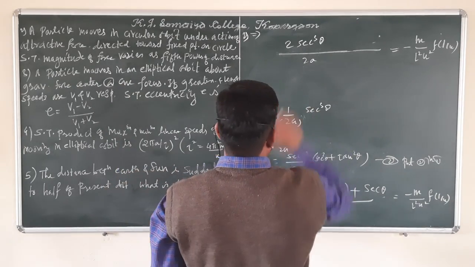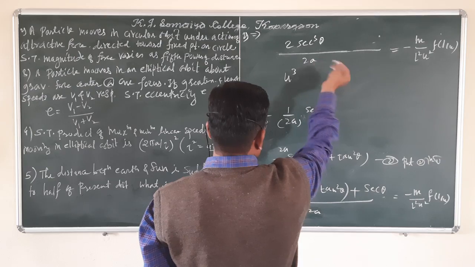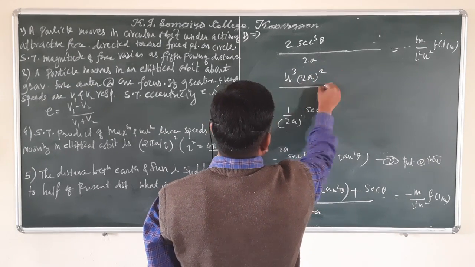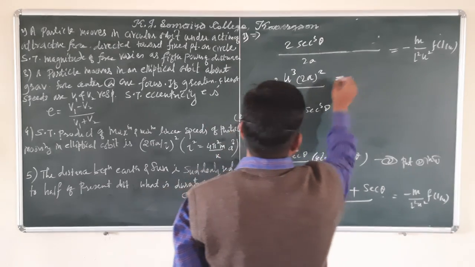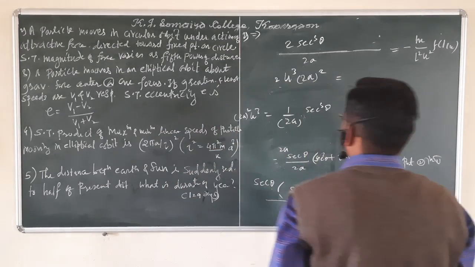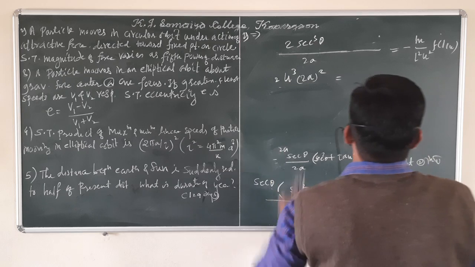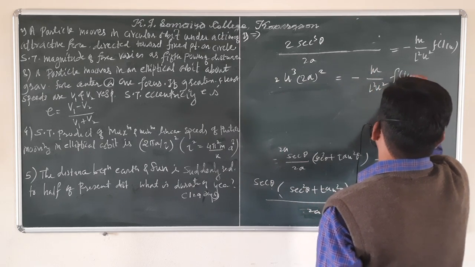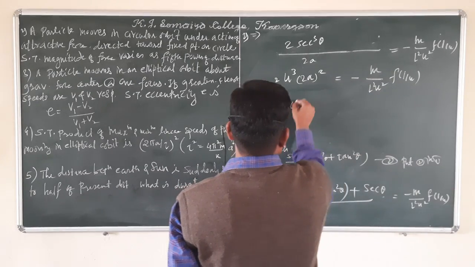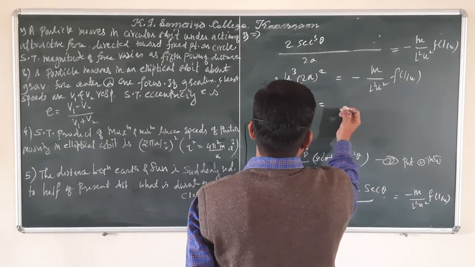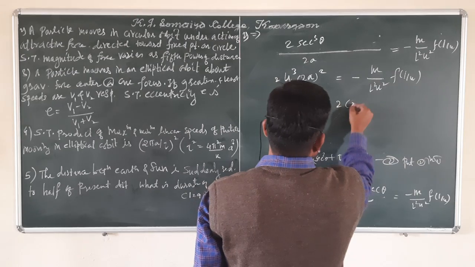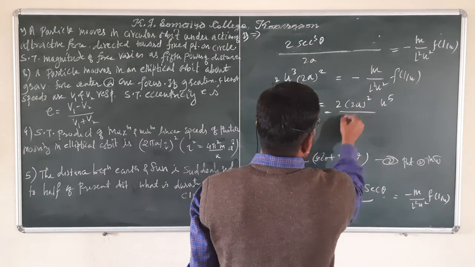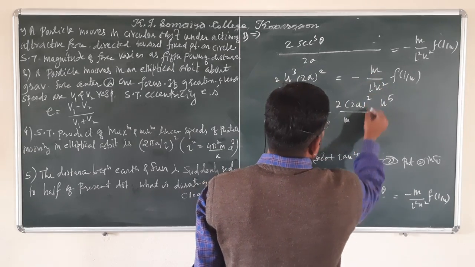So here you will get u cube multiplied by 2a square, into 2, is equal to, on the right hand side, minus m l square u square f of 1 over u, and f of 1 over u is equal to this 2 into 2a square u raised to 5, divided by m and l square.